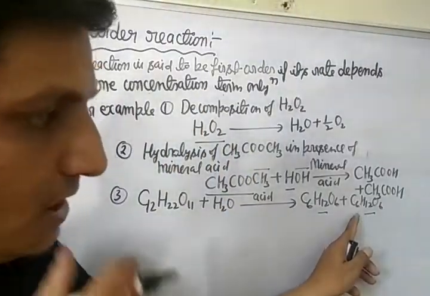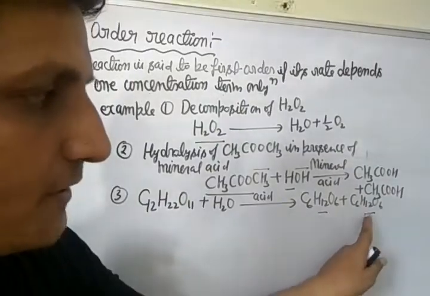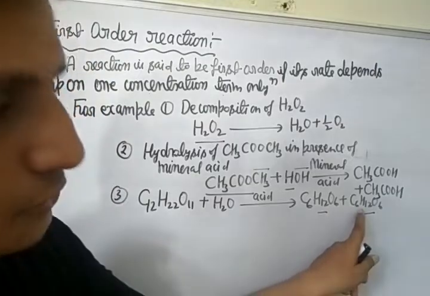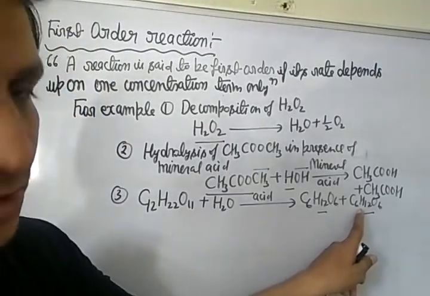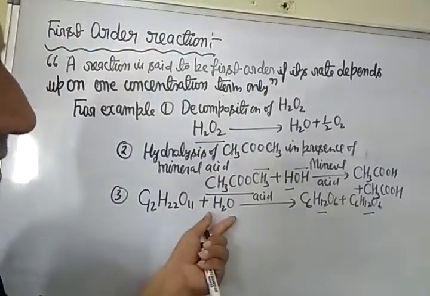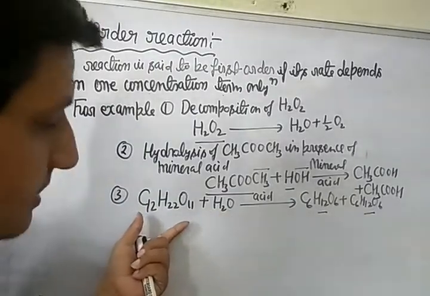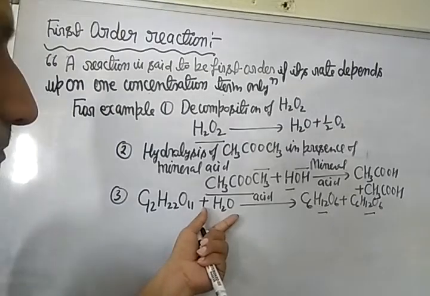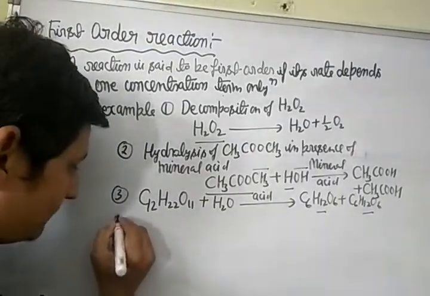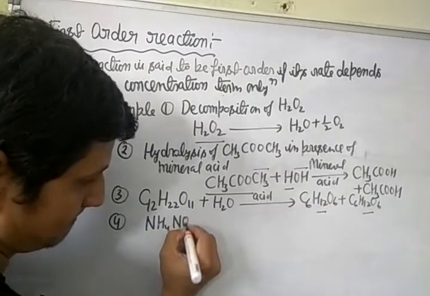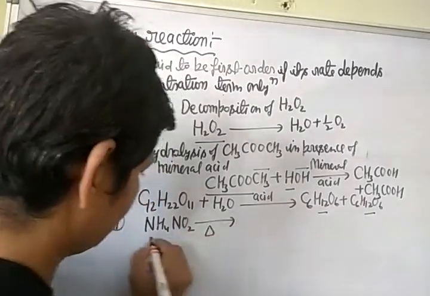Both have the same formula. The only difference is that glucose contains an aldehyde group, fructose contains a ketone group. Here the rate of reaction depends on one concentration term, that is cane sugar, and the concentration of water is considered constant. Fourth example, decomposition of ammonium nitrite gives N2.